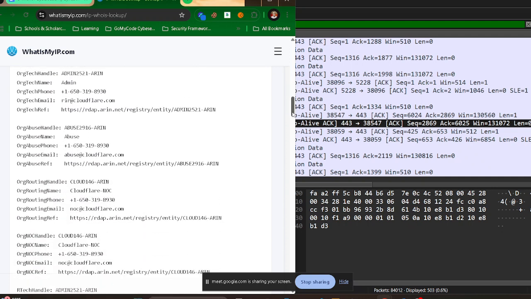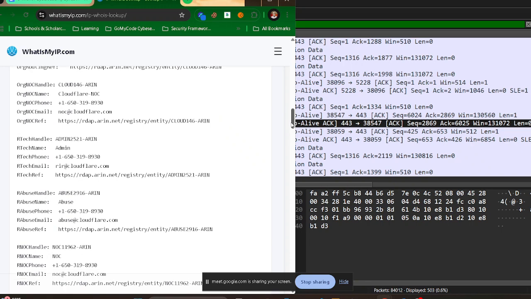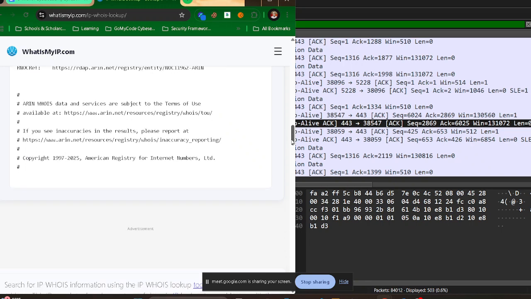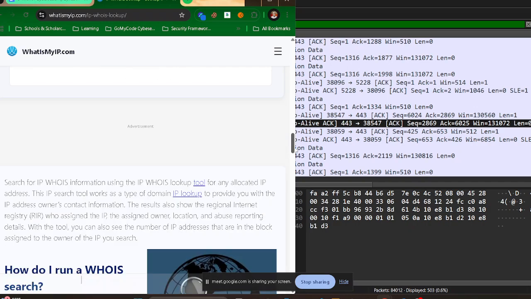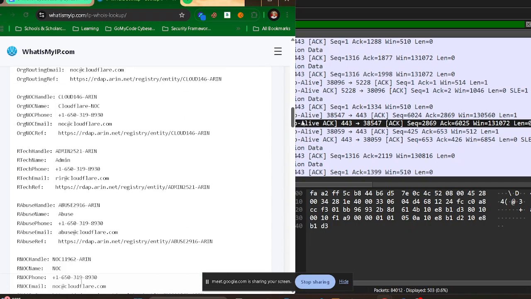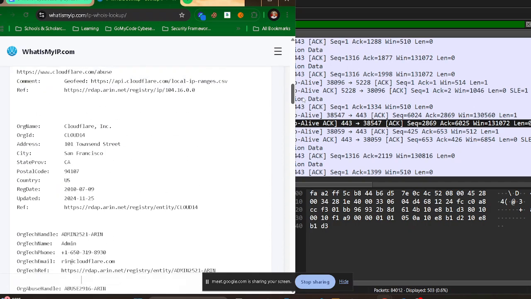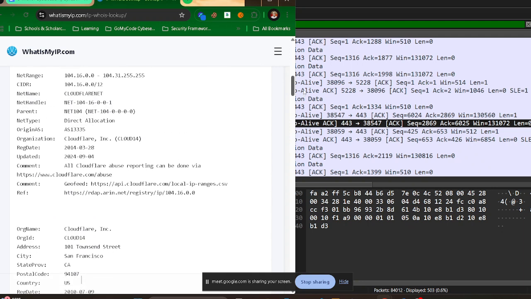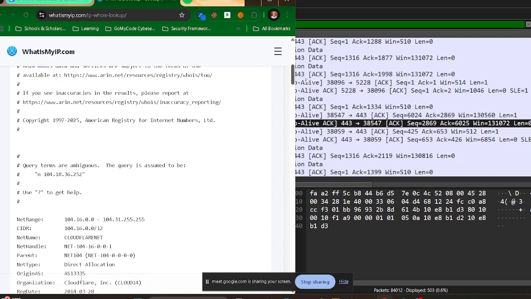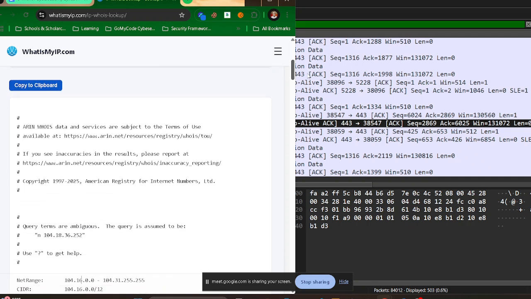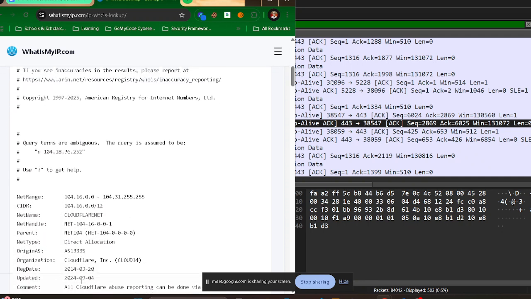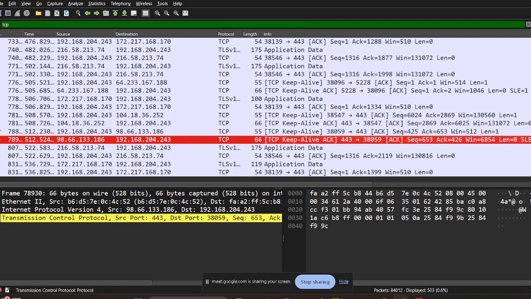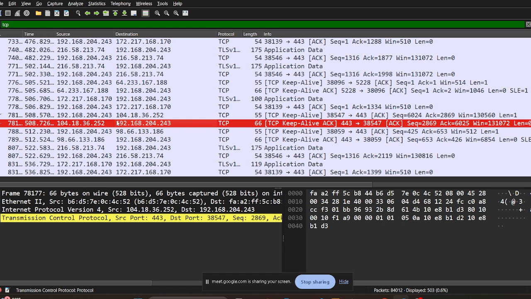Cloud. Okay, so I guess this is one of the service providers that Facebook or Glo is probably using.